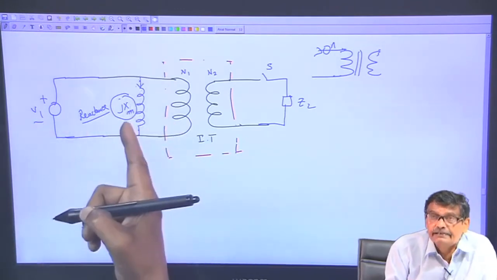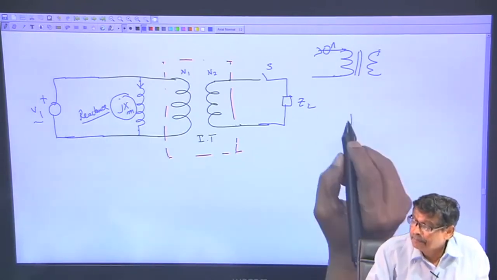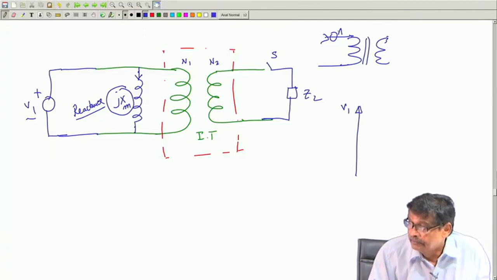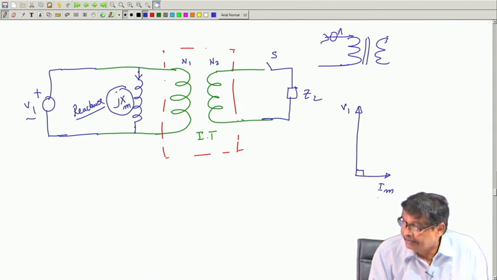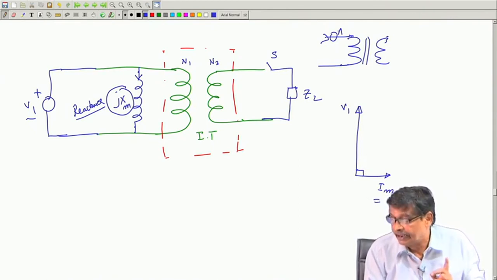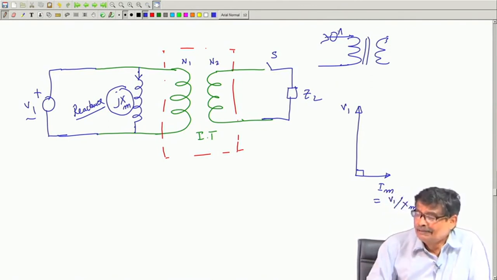It is V1 by jX_M. With S opened, I know the magnetizing current is 90° lagging, and I will choose the value of X_M in such a way that Im is V1 by X_M, 90° lagging.